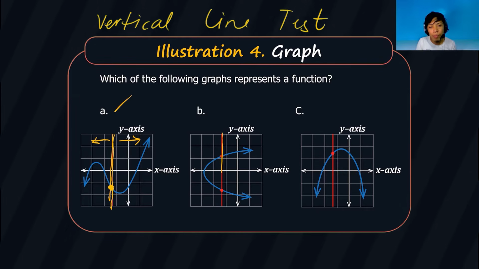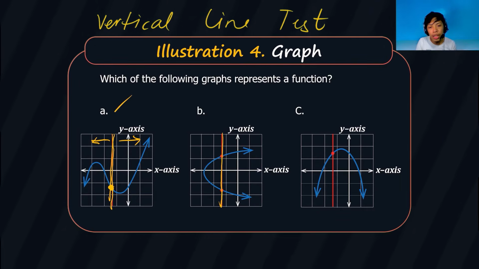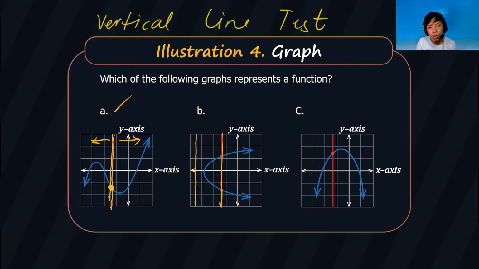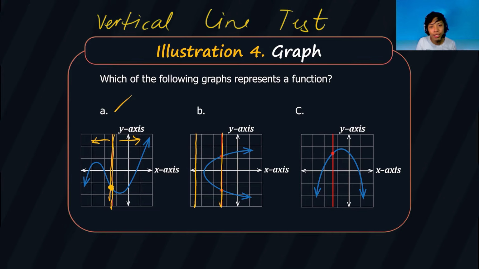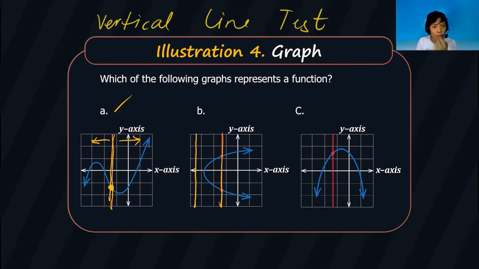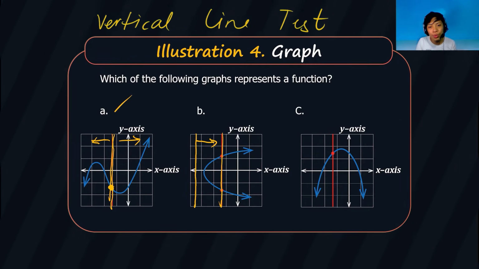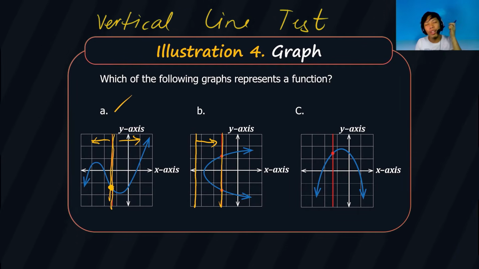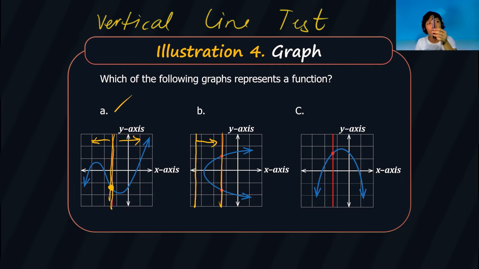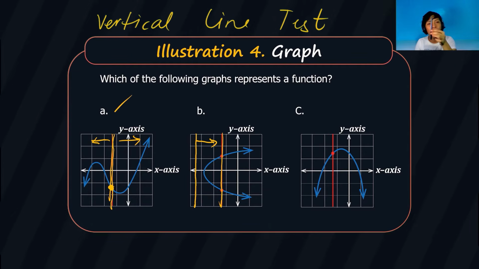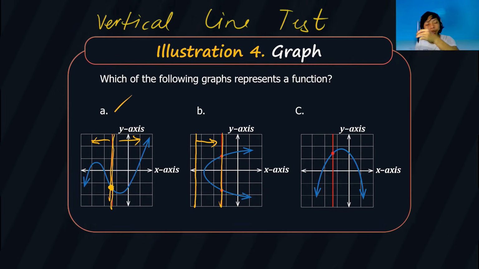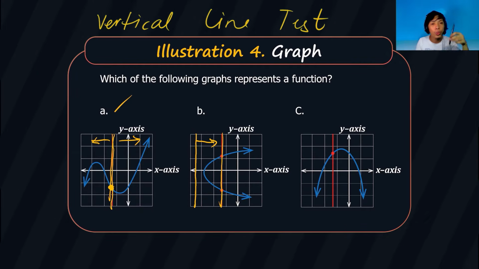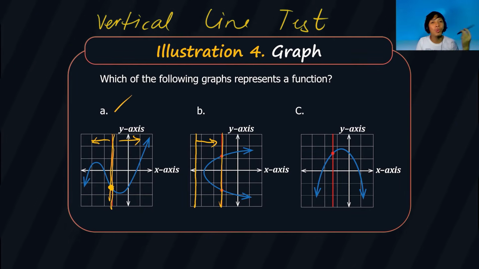How about letter B? Okay, this is the vertical line. Naturally, if you draw your vertical line here, it will not intersect the graph. But a graph is a function only if, even if you move the vertical line to the left and to the right, dapat all throughout, it will not intersect the graph more than once.